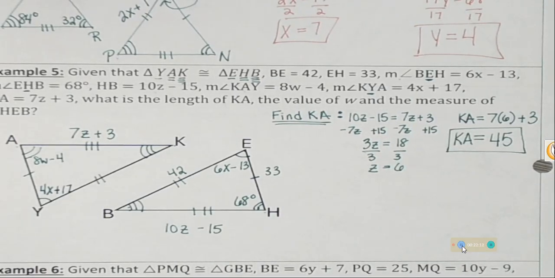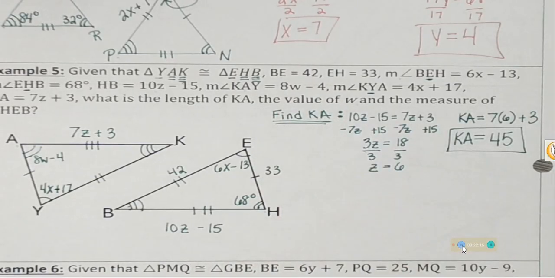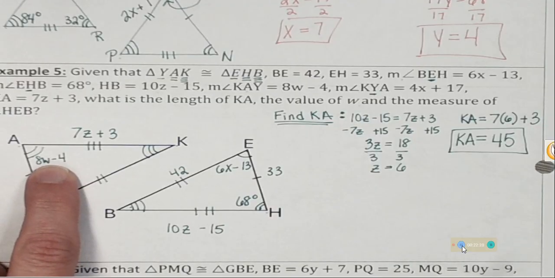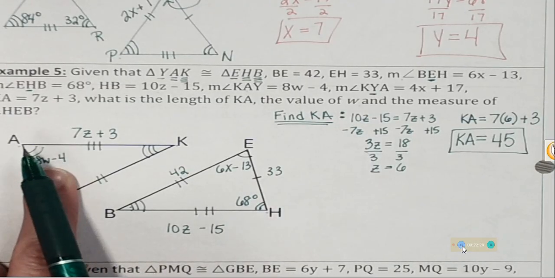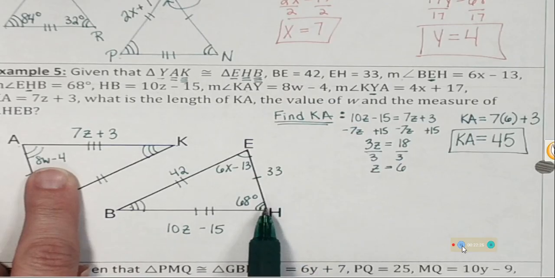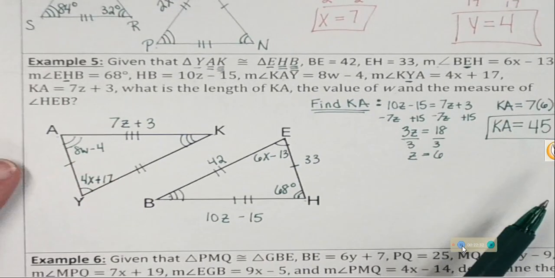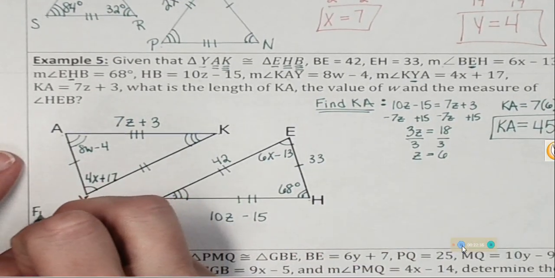All right, so my next part says find the value of W. Now, if I need to find W, here's W. W is A. What angle is A equal to? A is equal to H, and what can you tell me about H? It's 68. So what are you going to do with these 2? You're going to set them equal.